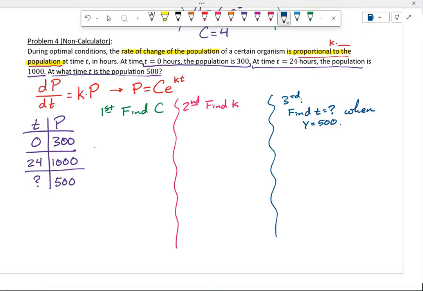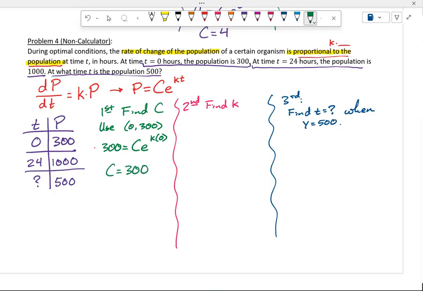All right, ladies and gentlemen, let's check in with our first part, finding C. So which point do we use to find our C? The first one, 0, 300. So here we use our point 0, 300. So that should be 300 equals C e to the k times 0. We use that one because anything times 0 is 0, and so our k goes away, right? So what does C equal? 300, good.